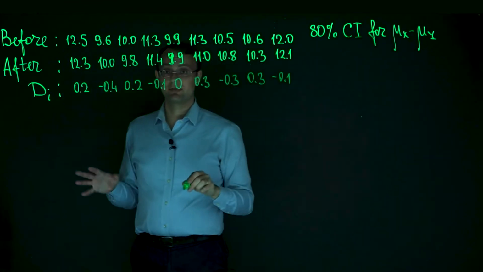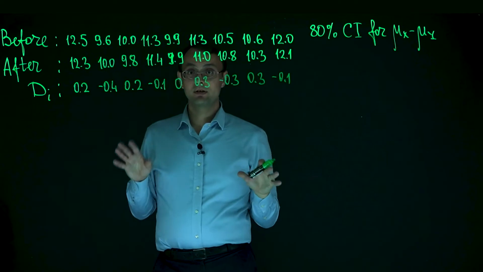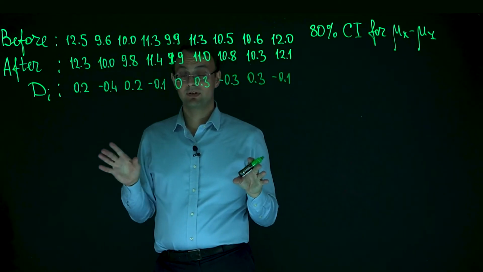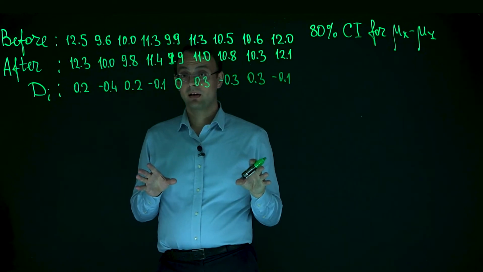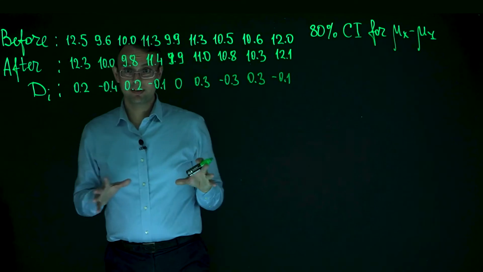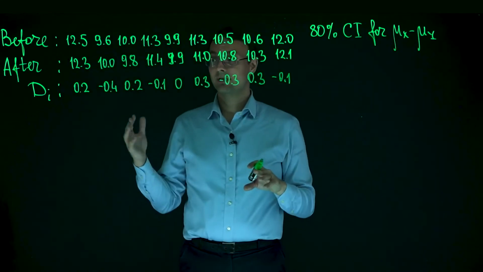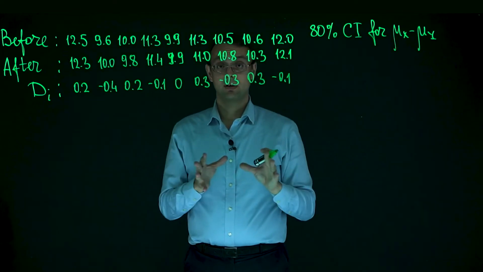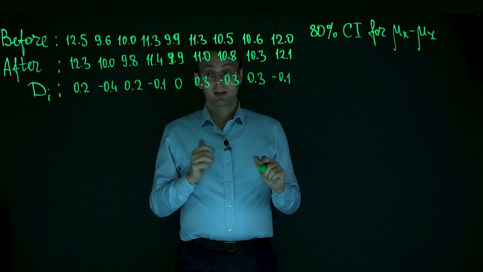So these are the differences, and then we do just the same thing we have already done in the previous example for this sample. The only difference is that we are to find the sample of differences before constructing the confidence interval.